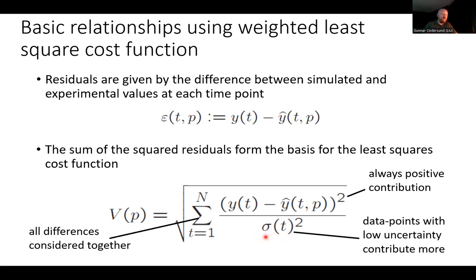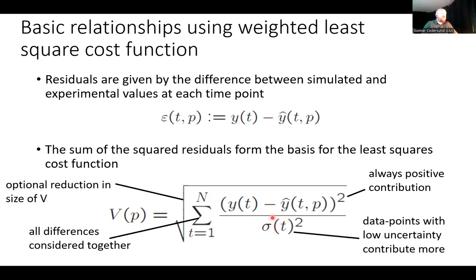And that means that you divide with a small number, which means that this term here in the summation will be a big number. So low uncertainty in the data means that a distance from the data is more important than if sigma is high. That's what this one does, and we'll look on the next slide a little bit more what that means.